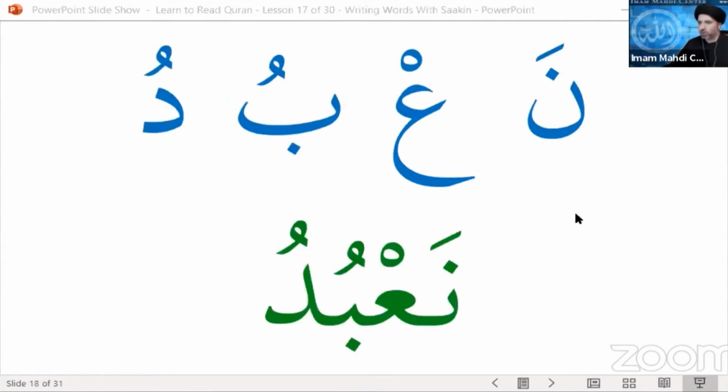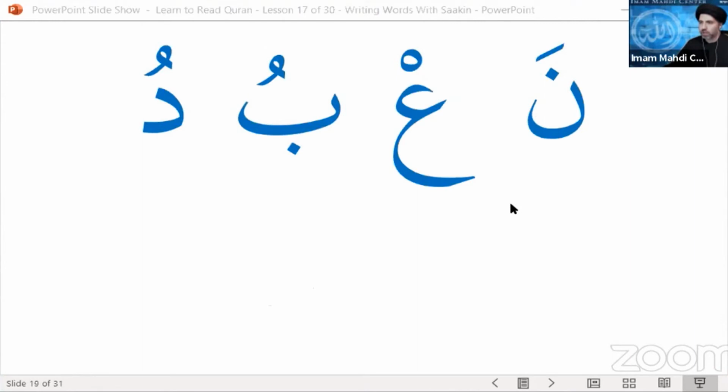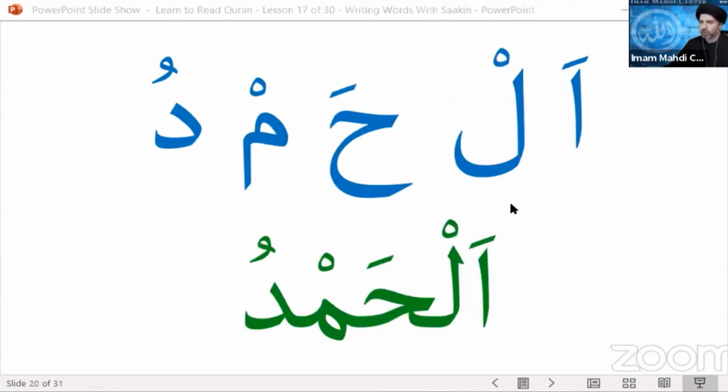So let's move on to a word that has some more letters in it, like this one. So here we have a word with 5 letters. And the sakin comes up twice. Here we have an alif with fatha and a lam with sakin. So these two, the alif and the lam, must be pronounced as one syllable. They get pronounced as al.